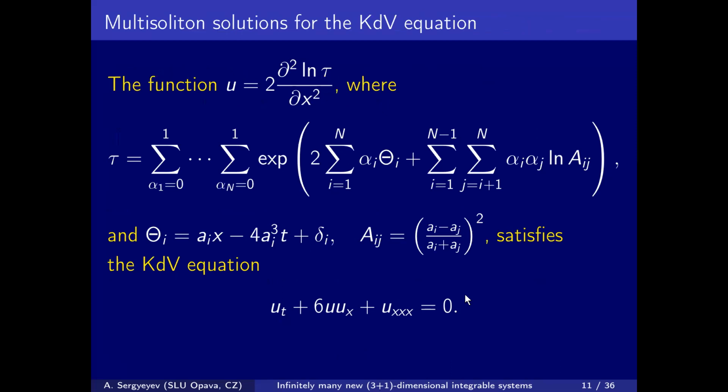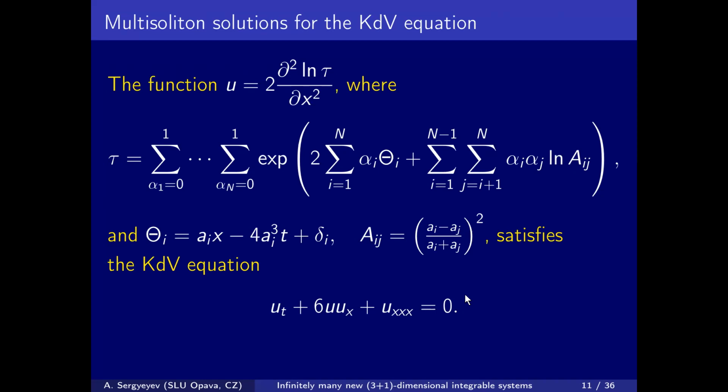Okay, proceeding with the KdV. At this point, let me point out that, in fact, many highly important contributions to the theory of integrable systems were made by Japanese scientists.